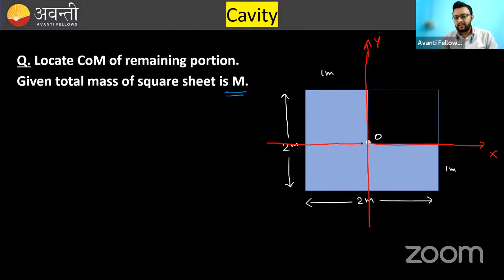Can anyone tell me about symmetry? About which axis is there symmetry? If you can answer this question, then I will clearly understand whether you are understanding the things or not.